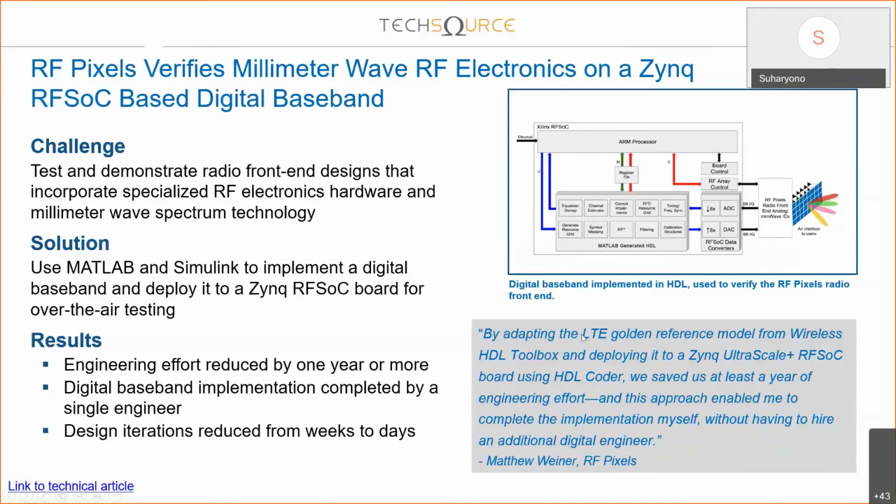They test their LTE golden reference model in MATLAB and Simulink, and then they deploy to this same device, the RF SoC board, for over-the-air testing. Using HDL Coder to generate the HDL code saves them the effort of design iteration, from weeks to days.